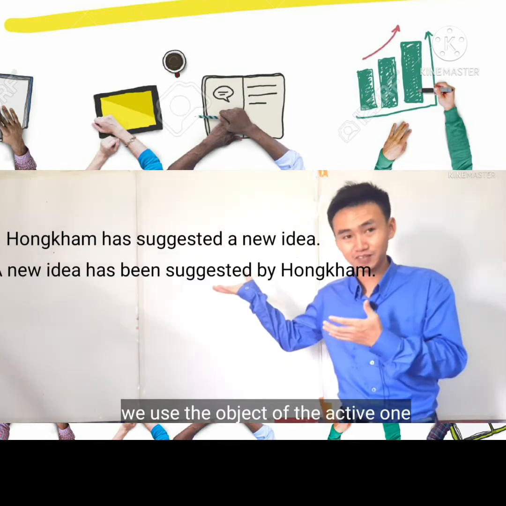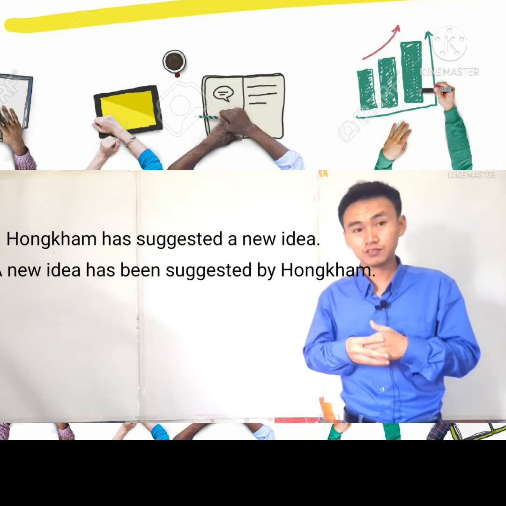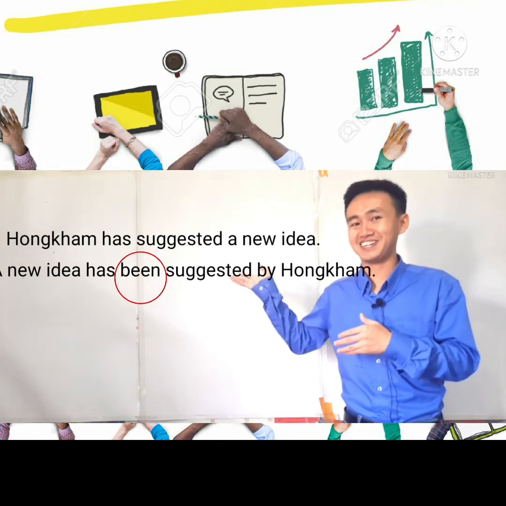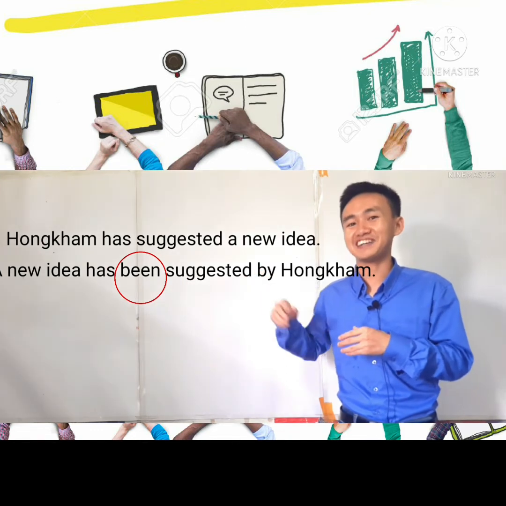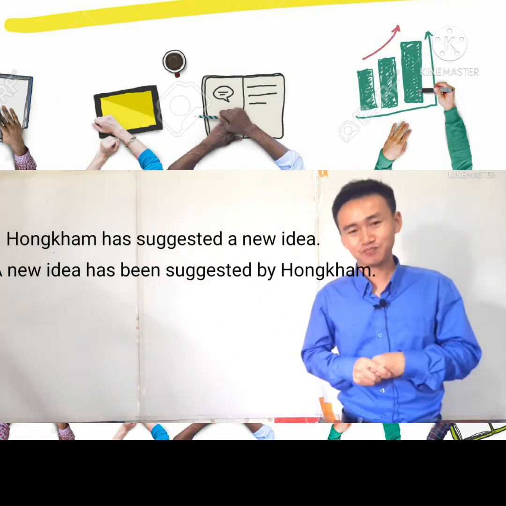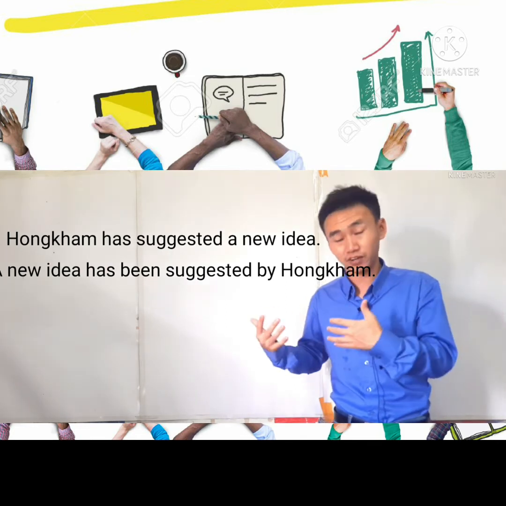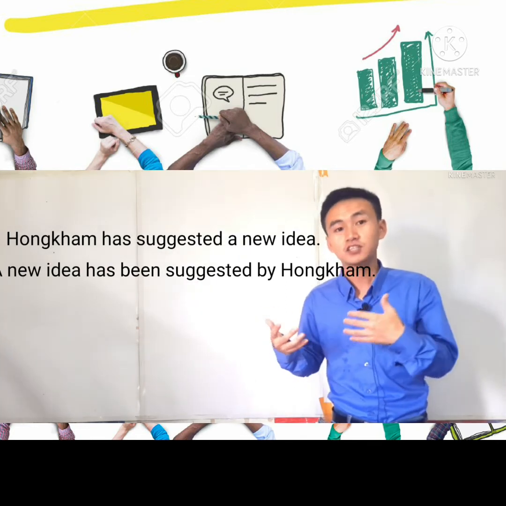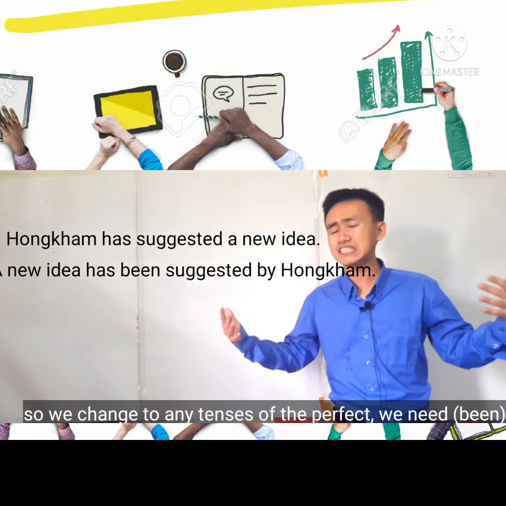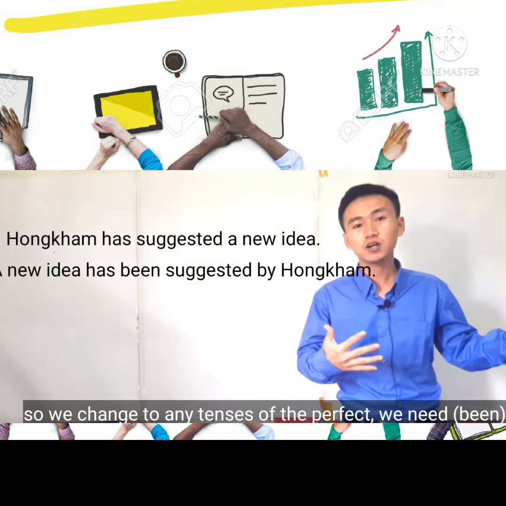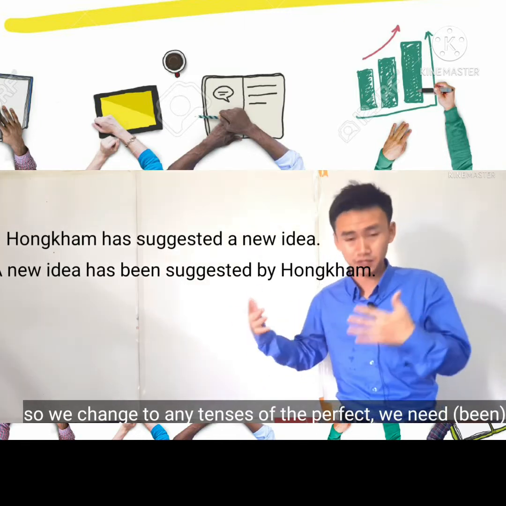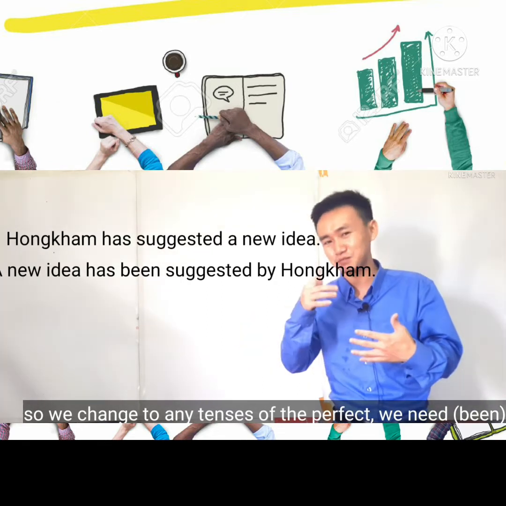A new idea. Have been, right? Suggested by Hong Kong. Why is that? Because in this one, it's a present perfect, right? Have suggested. So when we change any of the perfect tenses, we need been. Alright, keep that in mind.